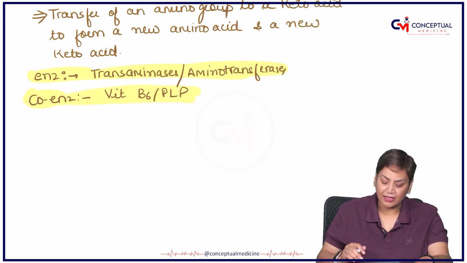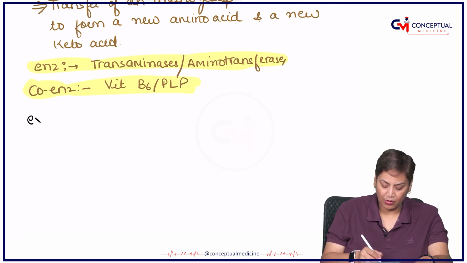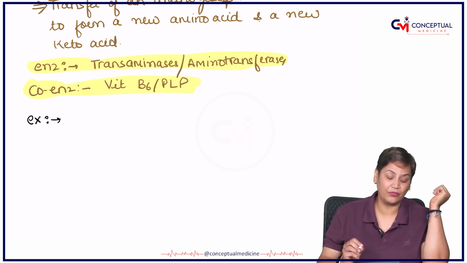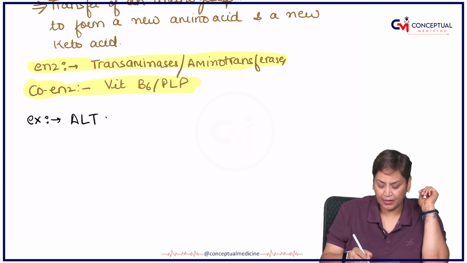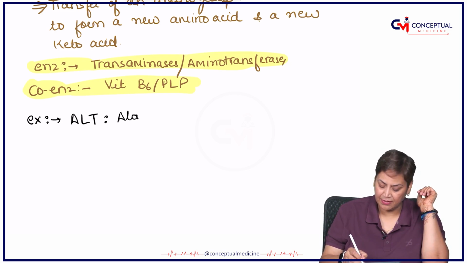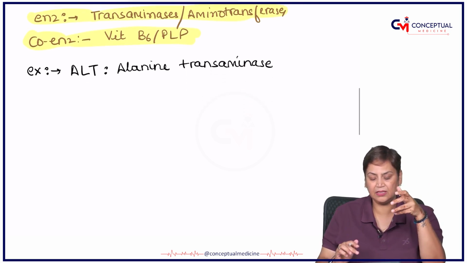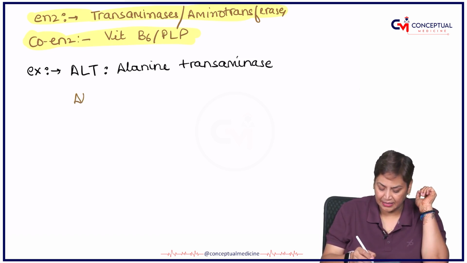Now, what are the examples of transamination? If we talk about the examples, there are two main enzymes which are also diagnostically very, very important. One is ALT, which stands for alanine transaminase. The amino acid here is alanine. So what would be the reaction? This alanine will combine with a keto acid.